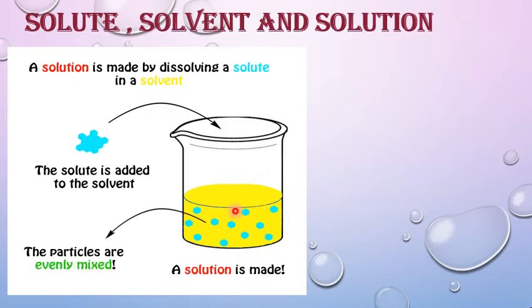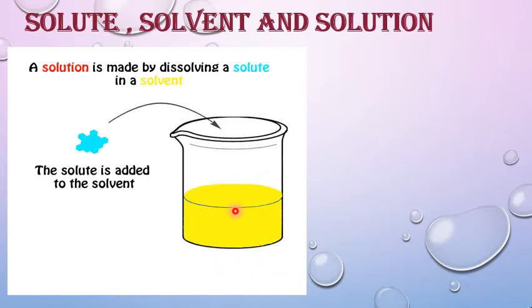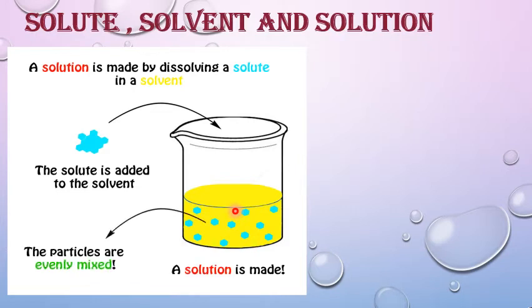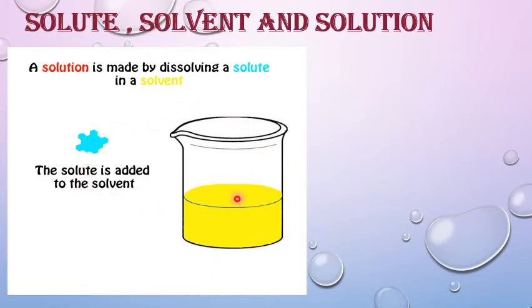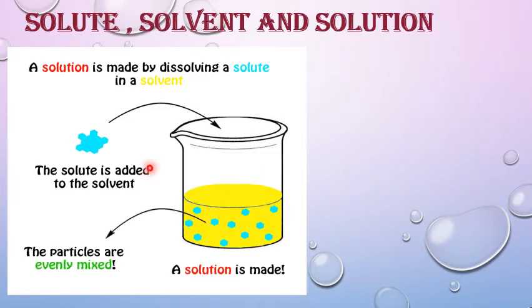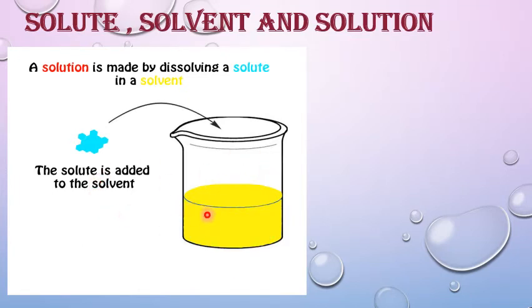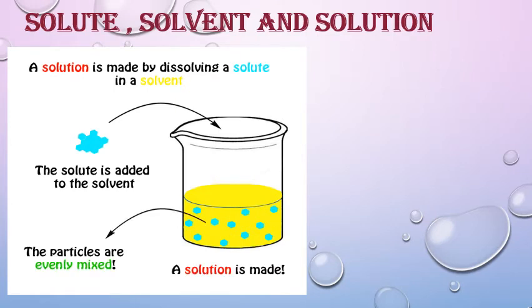So this is how a solution is made when we dissolve a solute into the solvent. Here also in the picture in front of you, you can see how easily you have added the solute into the solvent. Solvent is the liquid portion over here, the particles of solute will mix in the solvent, and once it is mixed, what you get is called a solution. Clear?